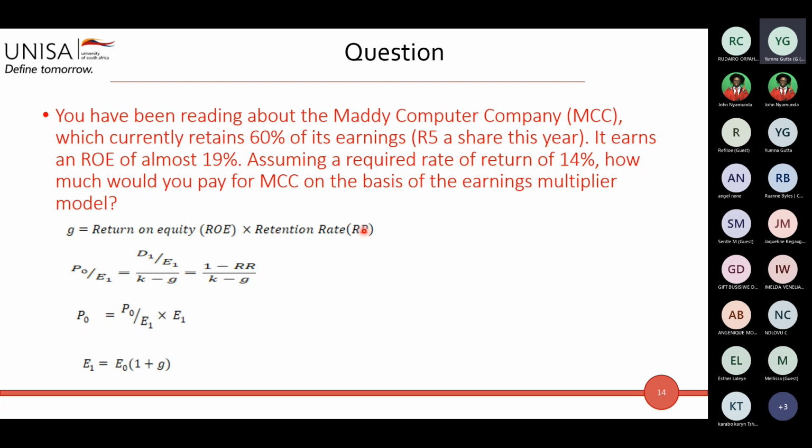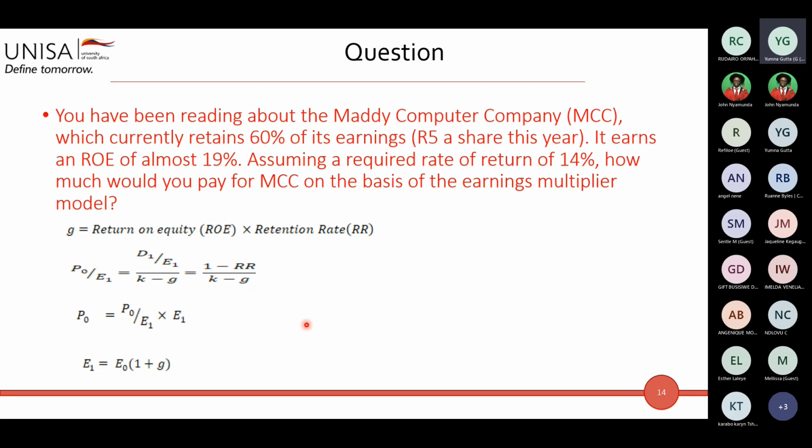Then you say P over E is equal to your payout ratio, the amount of dividends you're paying. So your payout ratio, you say 1 minus your retention rate, like I've showed you in the formula here. Our retention rate was given at 60%. That means 40% gets paid out. 60% they retain, they keep it in the company.